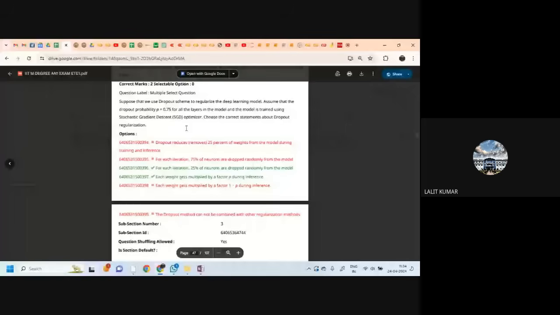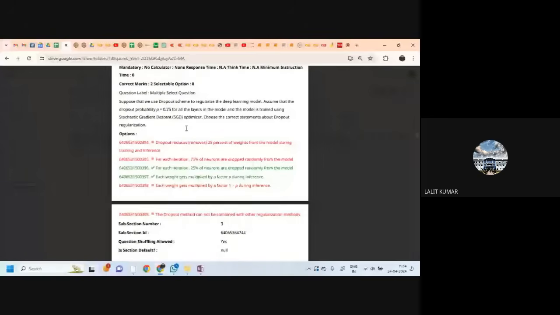This dropout question we have also done. If p is equal to 0.75, it means that 75% of the neurons will be selected, not dropped. So for each iteration, 25% will be dropped, and during inference we will multiply each weight by 0.75.